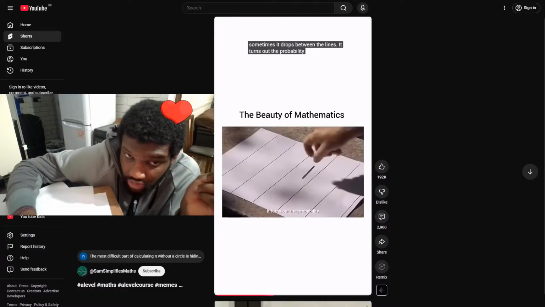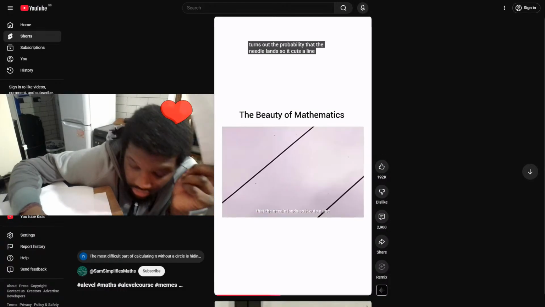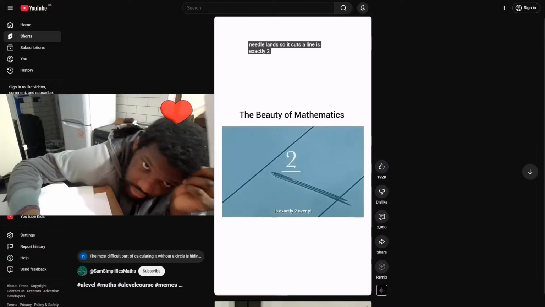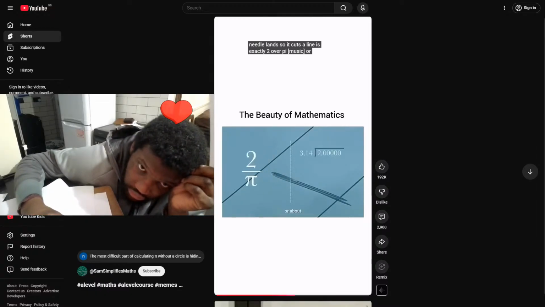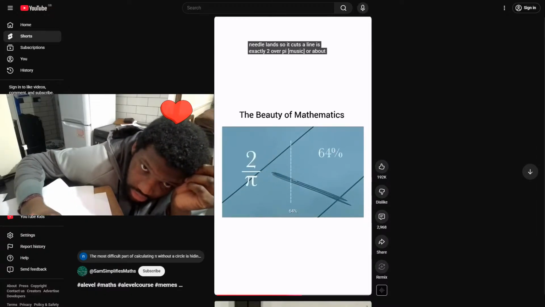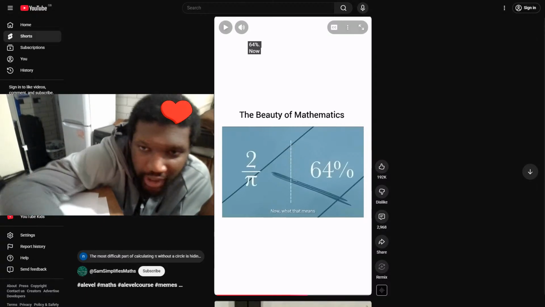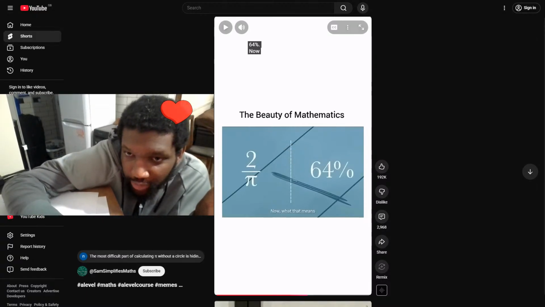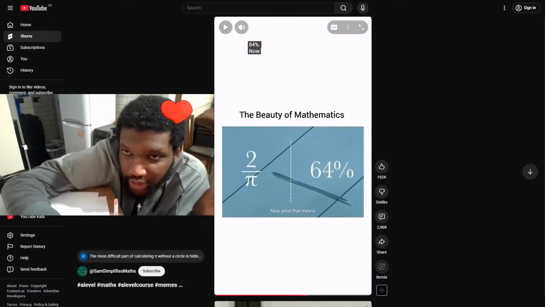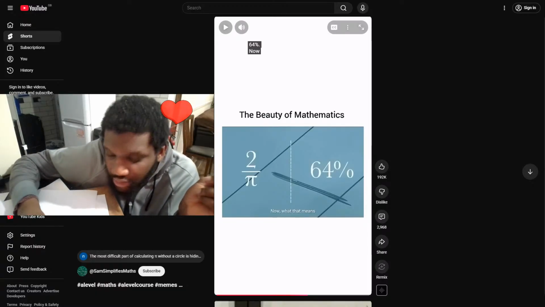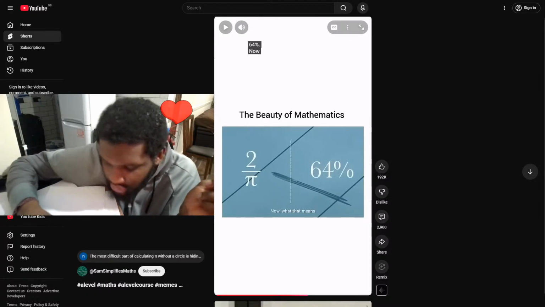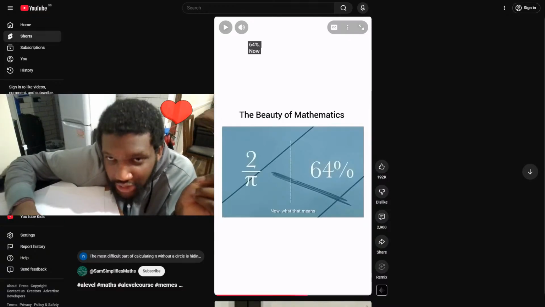It turns out the probability that the needle lands so it cuts a line is exactly 2 over pi, or about 64%. Okay, now let me try this out properly, because 2 over pi is not what I think it is. 2 over pi is 0.6366197723.